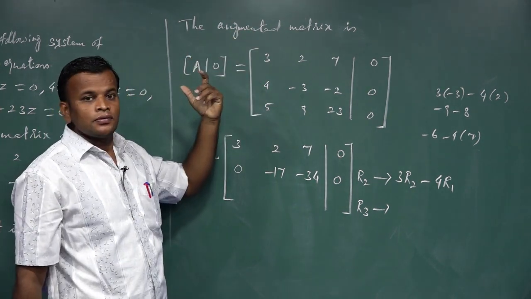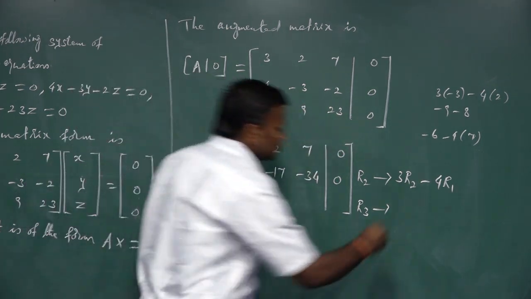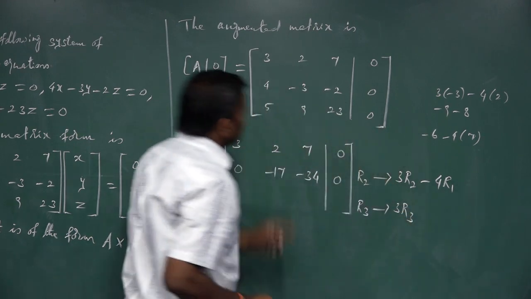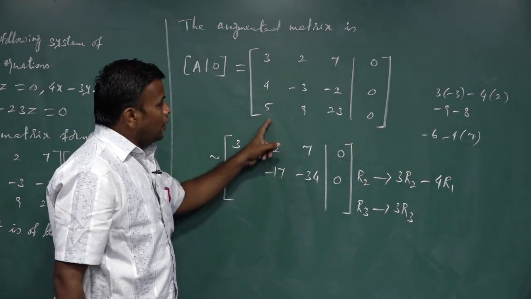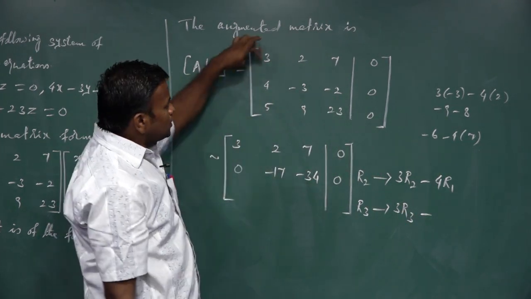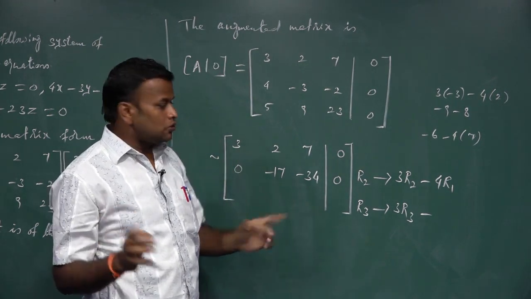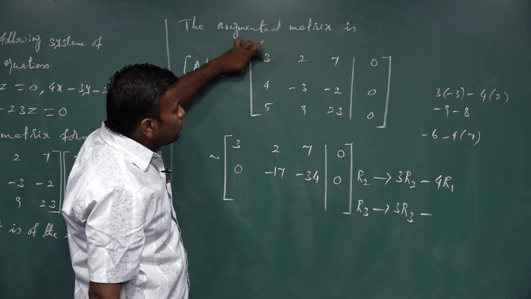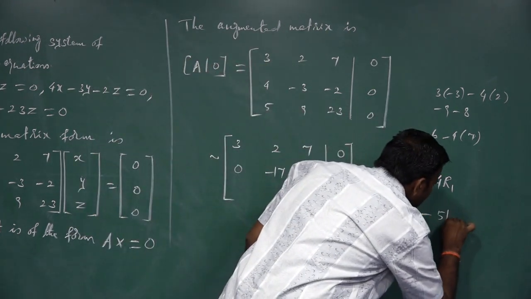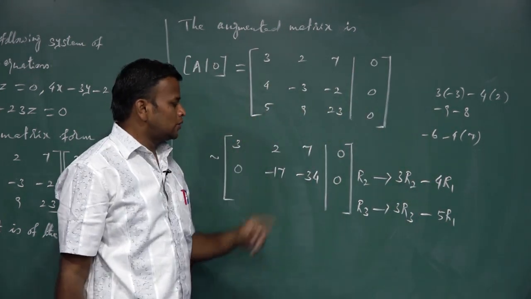The third row is fully multiplied by the number 3, so 3 R3, minus. What is the reason to put minus? 3 and 5 both have the same sign. To separate them, only then it becomes 0. So minus, and R1 fully multiplied by the number 5, so minus 5 R1.